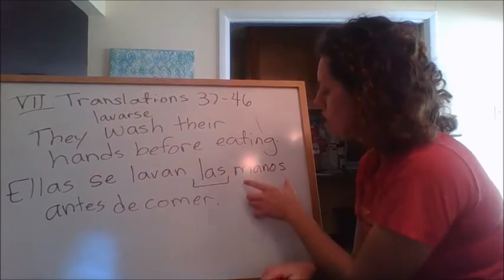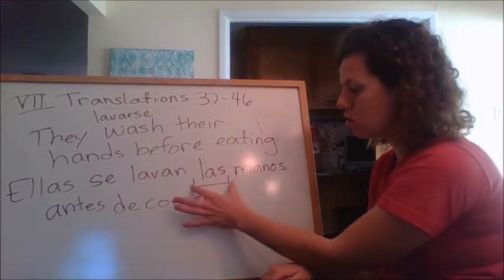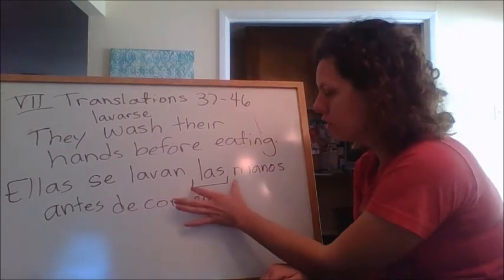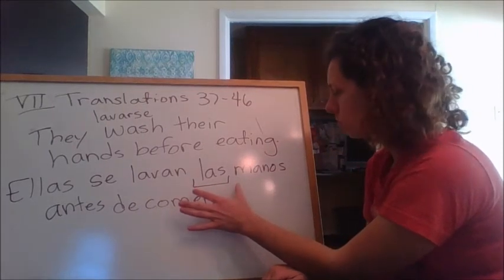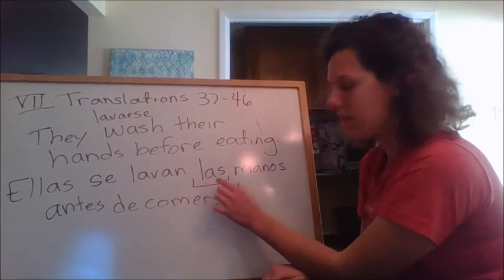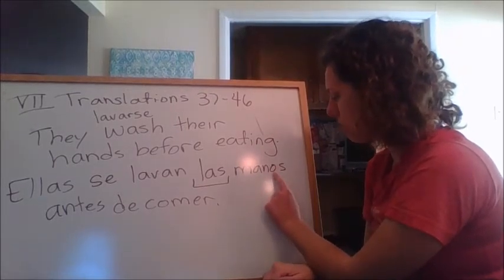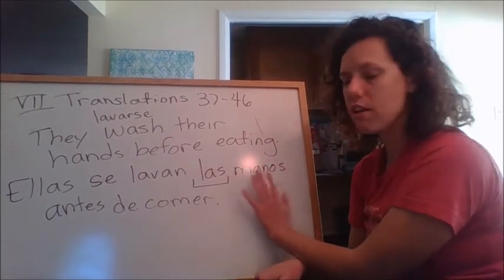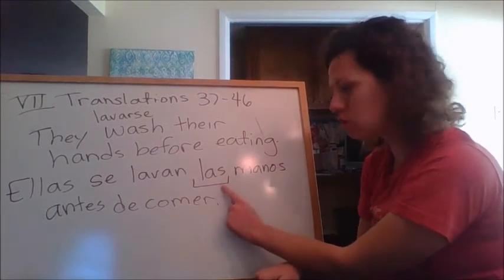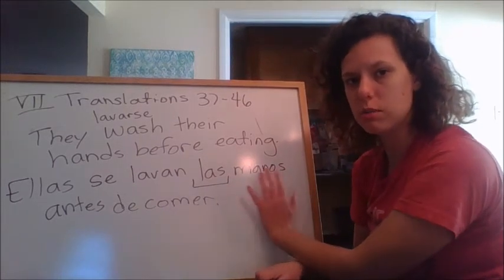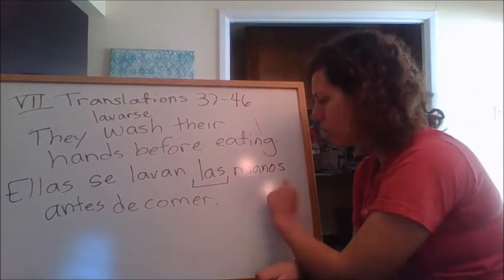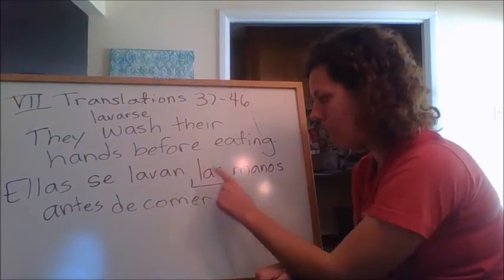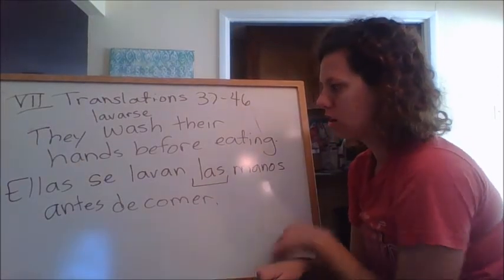So whenever you're talking about a specific body part, you use the definite article, not a possessive pronoun. So definite article is el, la, los, las, right? And manos is very misleading because it looks like it should be masculine, but it is actually a feminine word. So if you were to have this on your test, I expect you to know as Spanish 2 students, especially since I'm laboring this point, manos is feminine. You have to say las manos. All right?